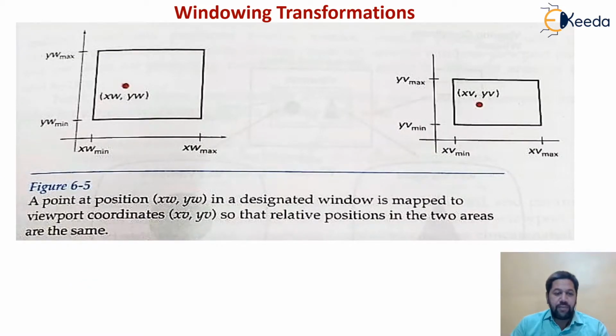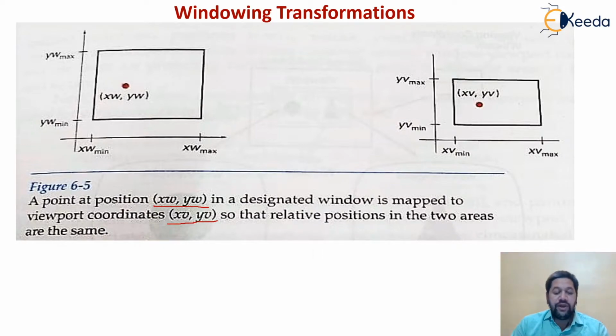Now this diagram is very important for understanding the windowing transformation. Let me first read the description of the diagram. A point at position xw, yw, where w indicates that the point is defined in the window, which exists in the world coordinate system, is mapped to the viewport coordinates xv, yv.